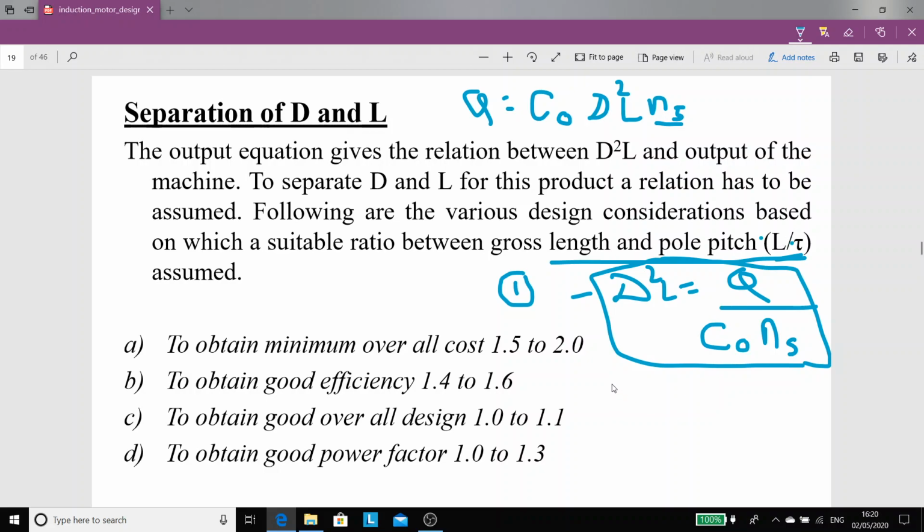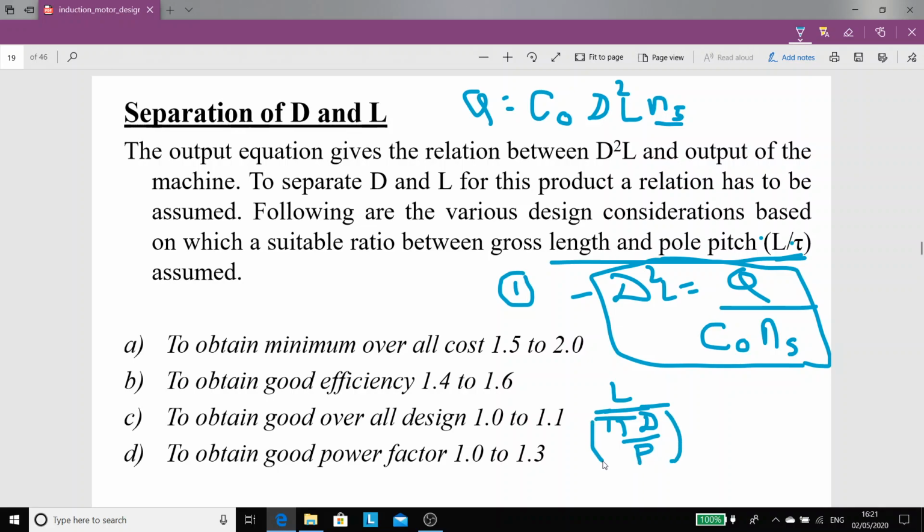The pole pitch is represented by tau, and the pole pitch is equal to pi into D, that is our capital D, divided by the number of poles for which our motor is designed.